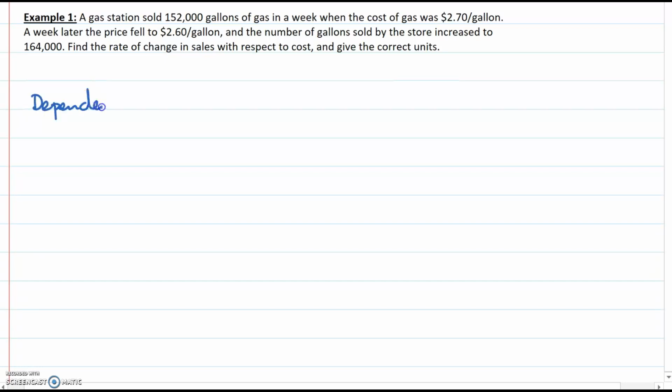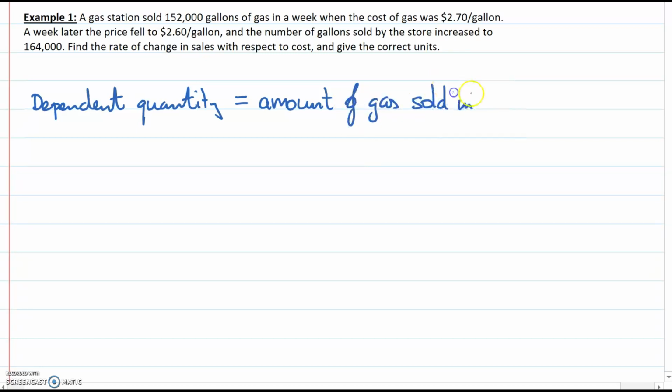Dependent quantity here is the amount or the volume of gas, whichever word you want to use to describe that, the amount of gas sold in a week.